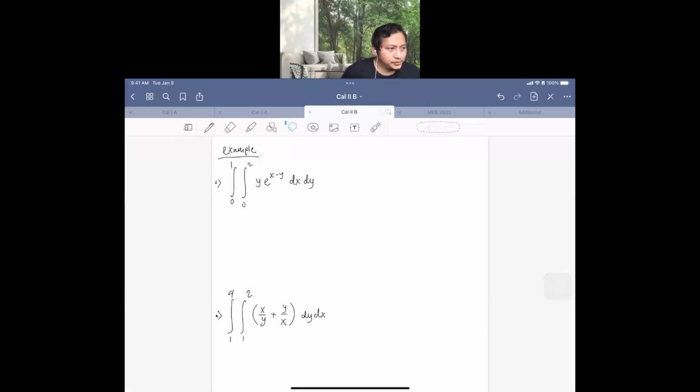Anyone solve the first one? I think the solution is a little bit complicated. It relates to e, the exponential function.